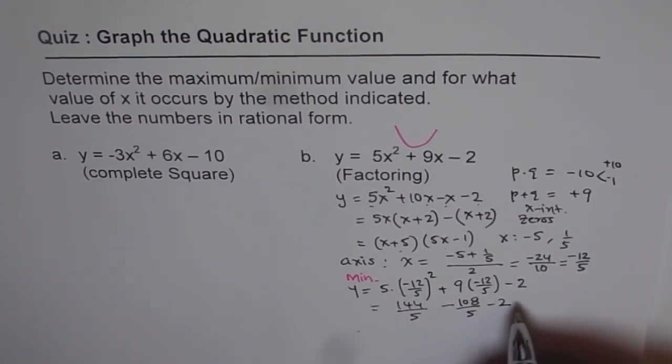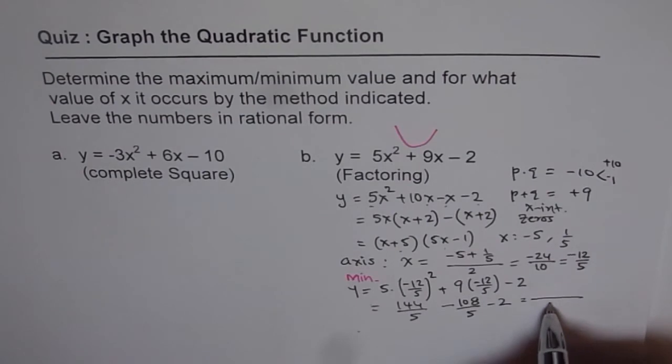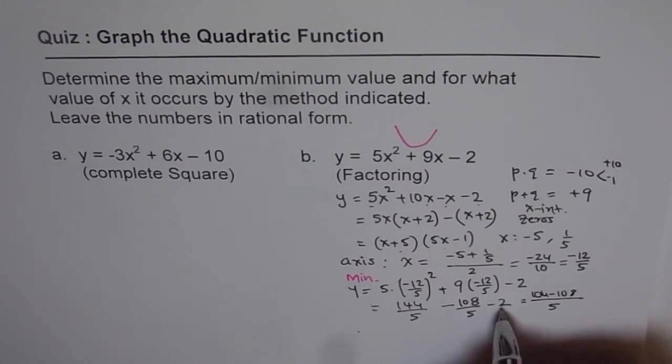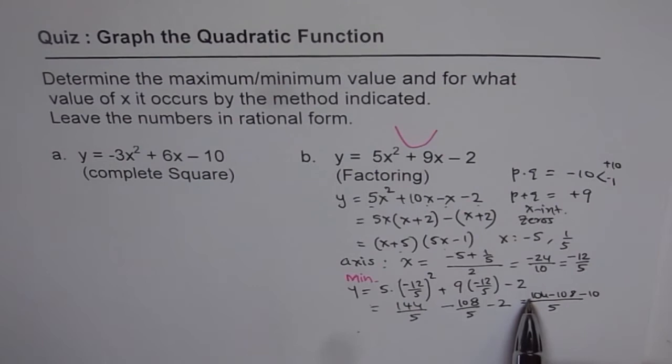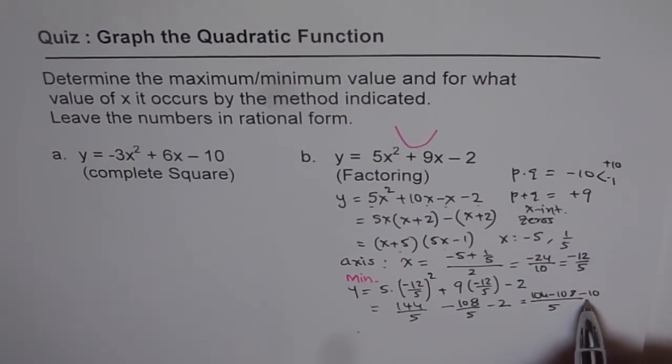Now you can take 5 as the common denominator, and combine the numerators, correct? So we get the minimum value as a fraction over 5.